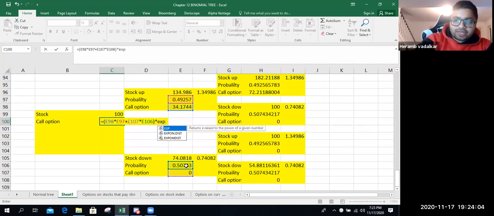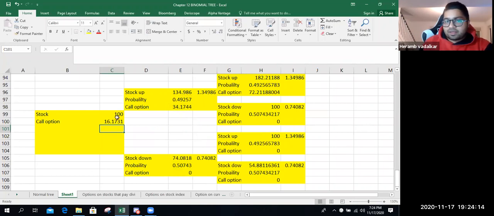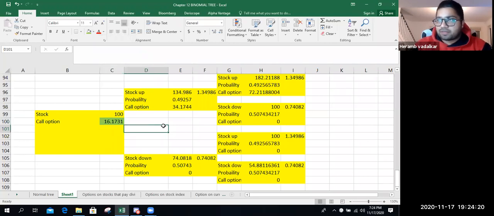Now discount it, exponential negative sign 4% times 1. So your final answer is the premium for 2-year call option should be 16 bucks.